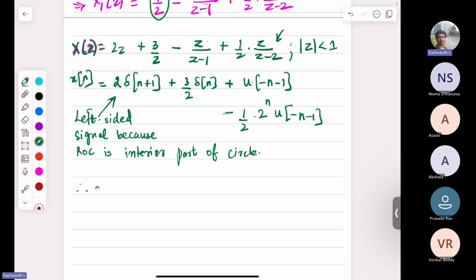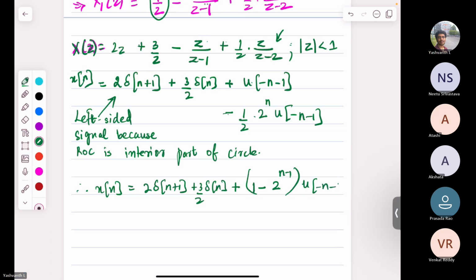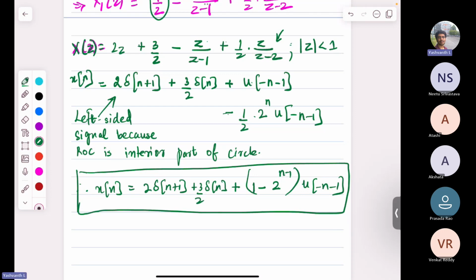Therefore, your x of n, just combining, you get 2 times delta of n plus 1 plus 3 by 2 times delta of n, minus 1 plus 2 power n whole into u of minus n minus 1. Okay, is there any doubt?